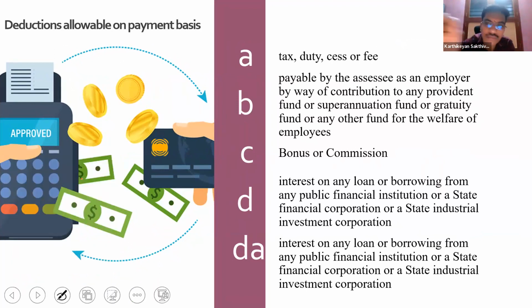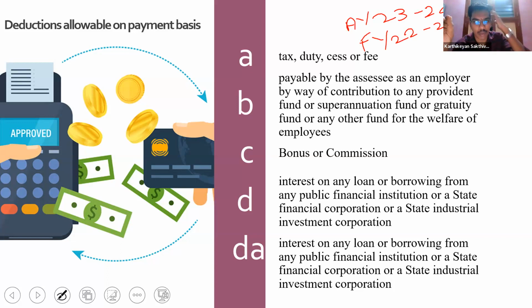What does that mean? Take assessment year 23-24, correct? What is the corresponding financial year for assessment year 23-24? Financial year 22-23, right? So financial year 22-23 will end on which date? 31-3-23, correct? So certain payments from 1st April 22 to 31st March 23.